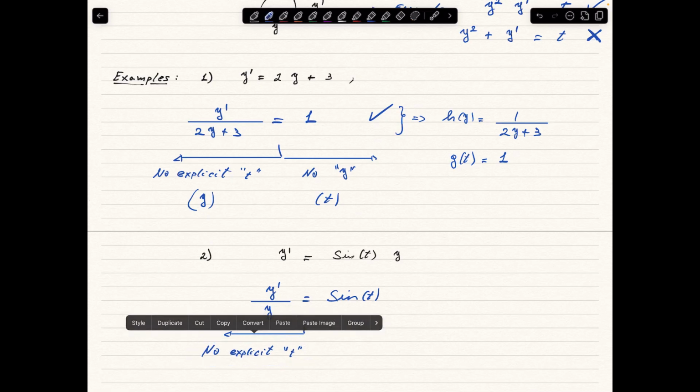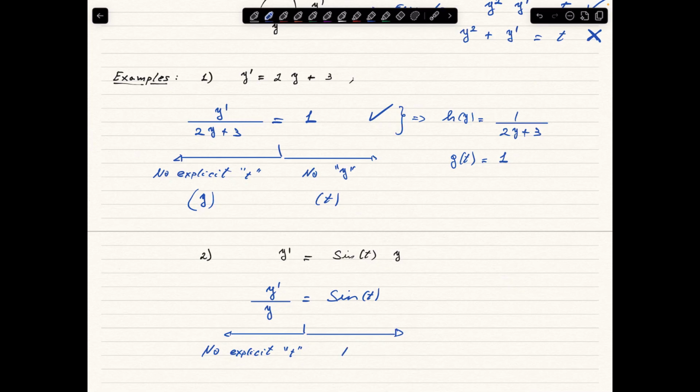And then on the other side, we have no y. This equation then is separable with the function h in the definition being, in this case, 1 over y, and the function g, now a non-trivial function, is the sine of t.